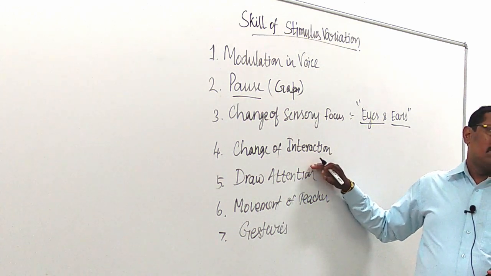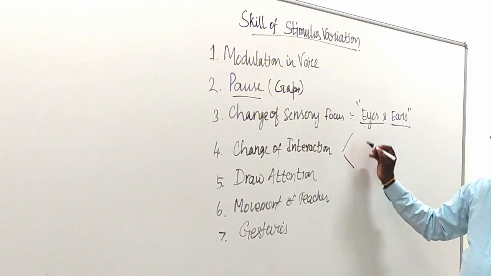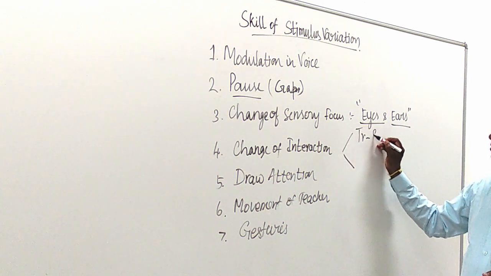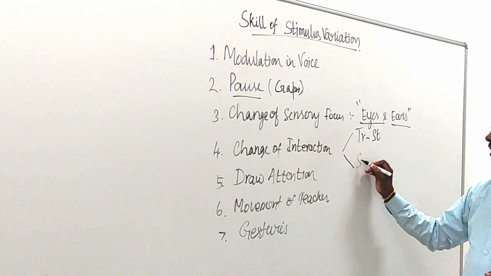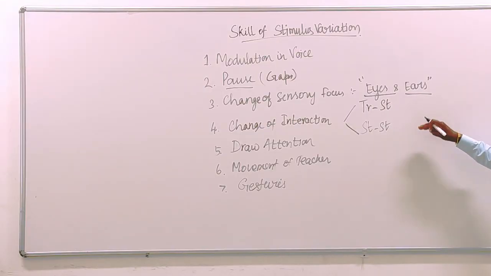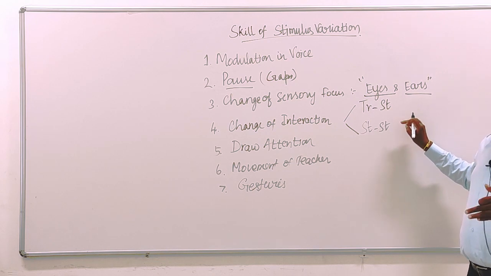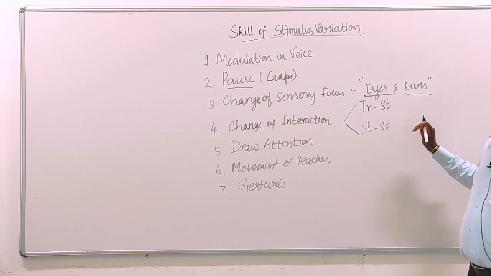Then interaction. Interaction may be of 2 types in the class: one is teacher to students, and another is student to students. These 2 interactions we can use in our classes. A teacher can talk directly: can you answer? Can student 5 answer?